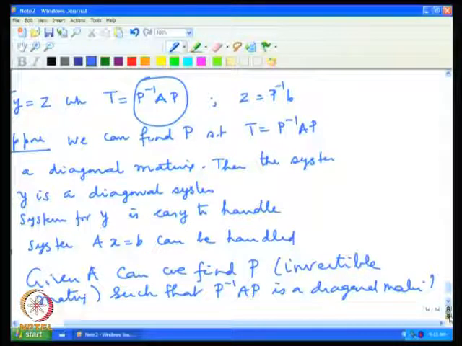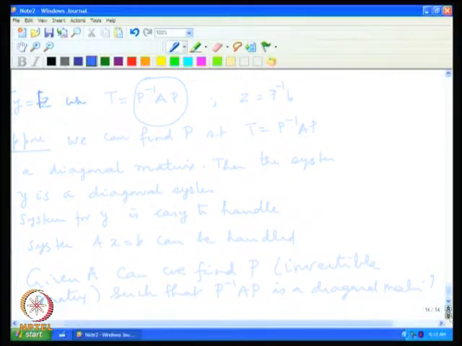We have to now find one more criterion. Remember, just as we asked what is the condition B should satisfy in order that A x equal to B has a solution, analogously, now we are asking what is a criterion that A should satisfy in order that P inverse A P is a diagonal matrix. Consequently, the moment we find this criterion, we will again ask a series of questions, namely, given a matrix A, check whether it satisfies this criterion.